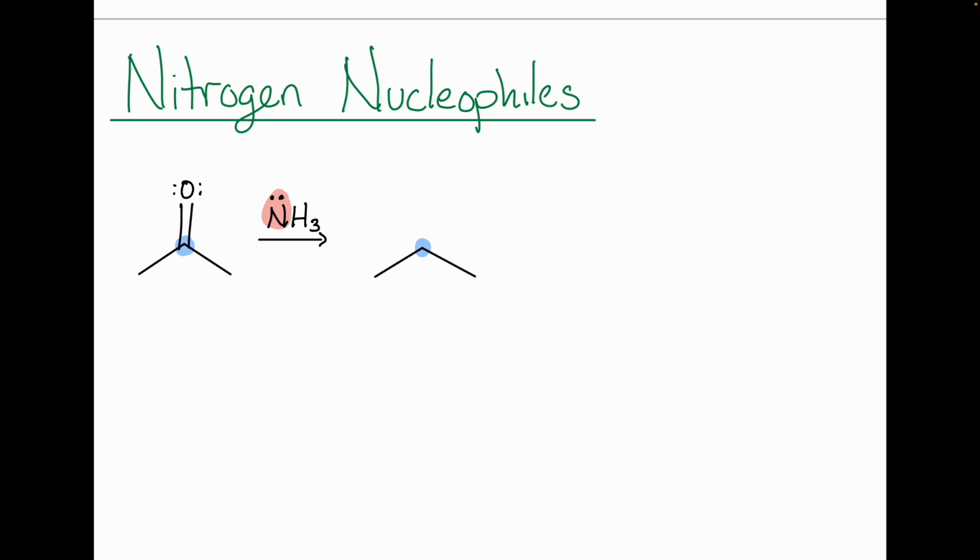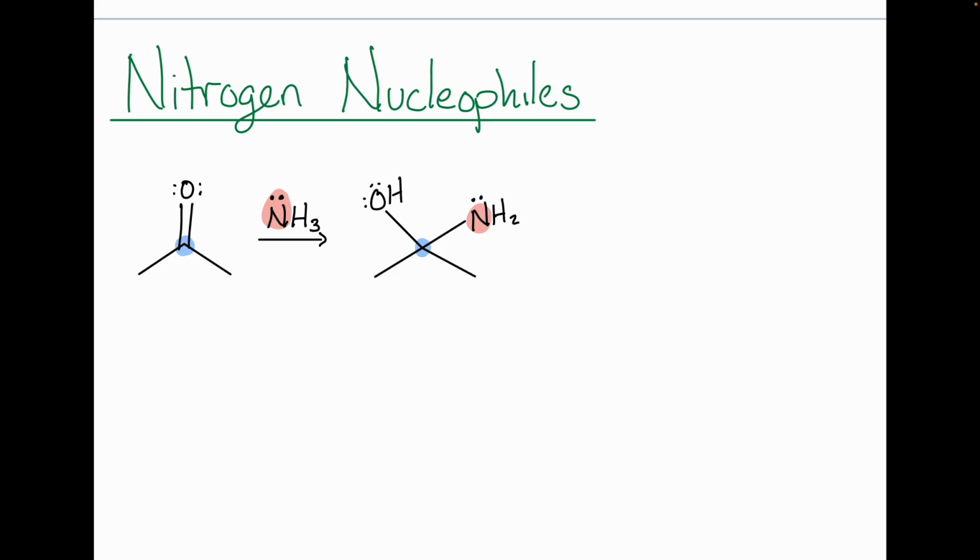And since this is neutral, what am I going to do when I add it? I'm going to lose a hydrogen. All right, so I've got this new bond between my electrophile and my nucleophile, just like always. All right, and then what else am I going to put on that blue carbon? An OH. Cool. So this is what you would expect to happen based on every other nucleophilic addition reaction that we've learned.